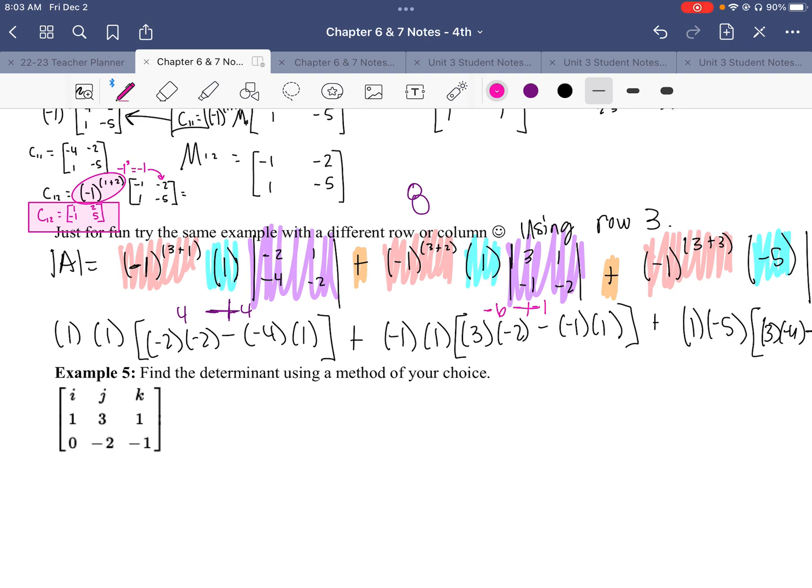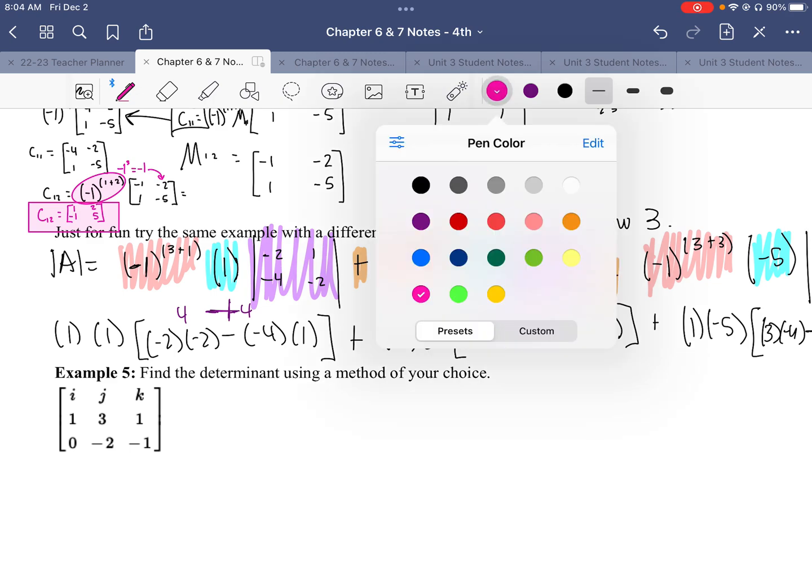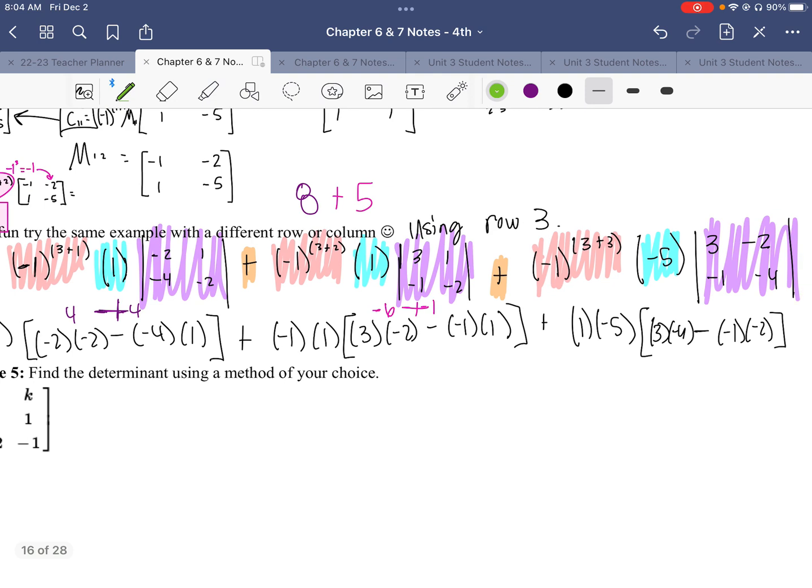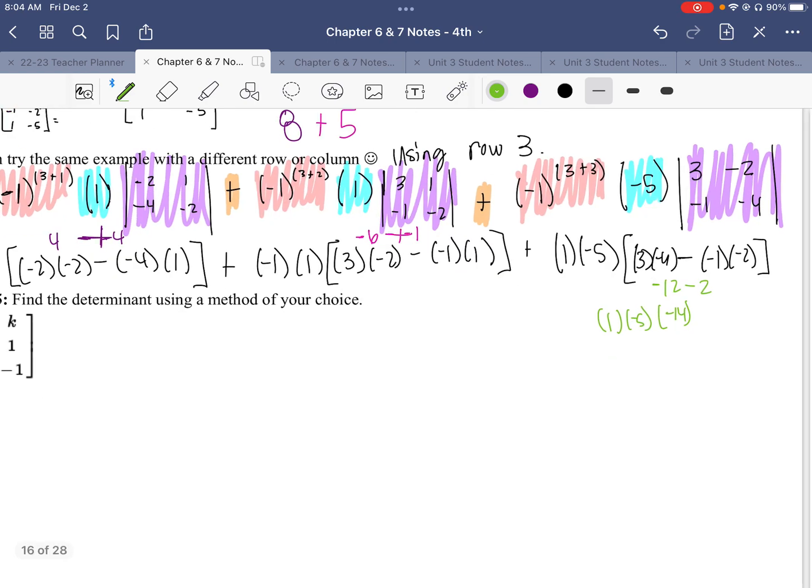So we're going to have a -1 times 1 times a -5, which gives us a +5. And then over here, we're going to have 3 times -4 is -12, minus -1 times -2 is a +2. So -12 minus 2, which is -14. And then we got to do -14 times -5 times 1.